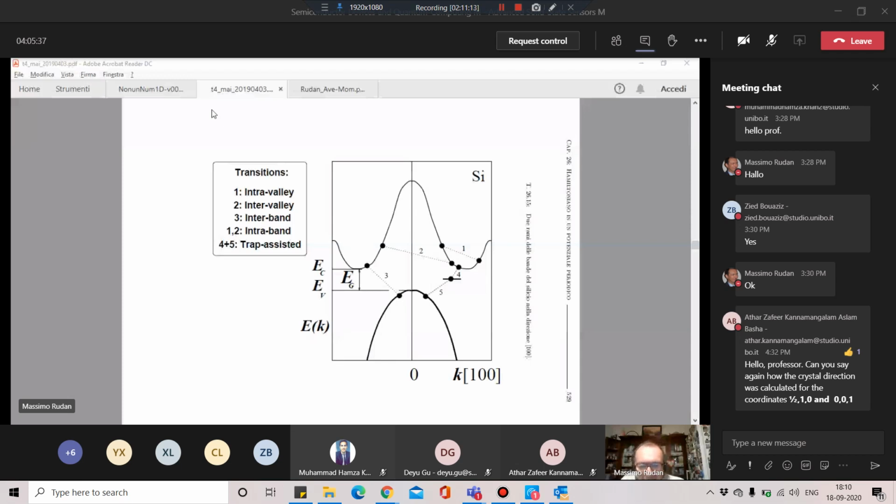And one can demonstrate that when we use quantum mechanics, the average momentum of a particle in a crystal is proportional to the vector belonging to the scaled reciprocal lattice that we call K. So that vector that until now had only a geometrical meaning.